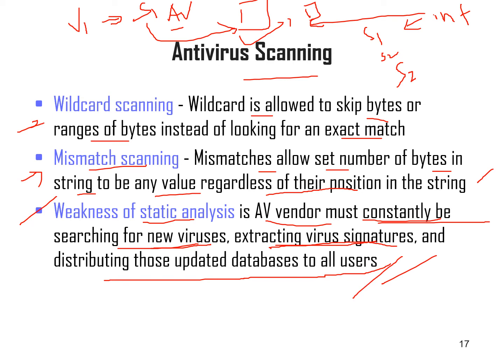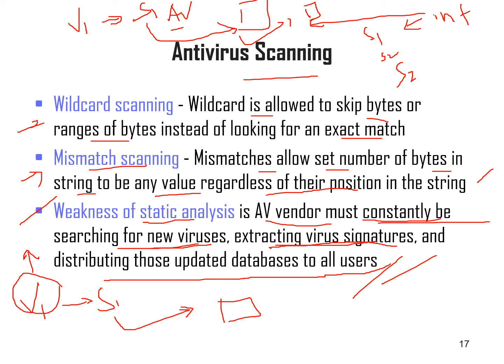Initially, I have to do research in my research lab, say Symantec, McAfee, or K7 antivirus. They have to research a particular virus. I have to find a new virus, grab it, create a signature for that virus, and feed that signature into the host database.